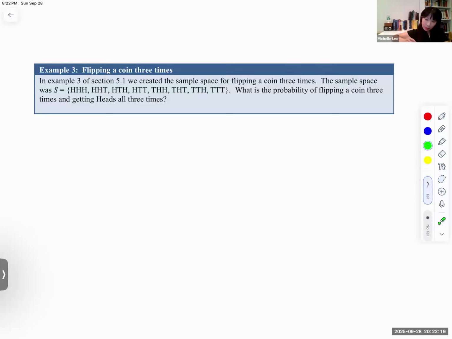So we're flipping a coin 3 times. Also, this one we did in the 5.1 section. What is the probability of flipping a coin 3 times and getting heads all 3 times? That means event E, flip the coin, event F, flip the coin, and another event G, flip the coin again, so 3 times.